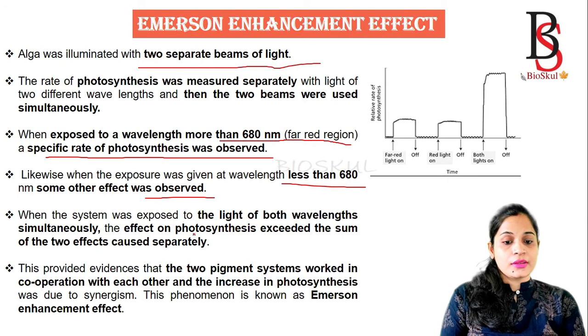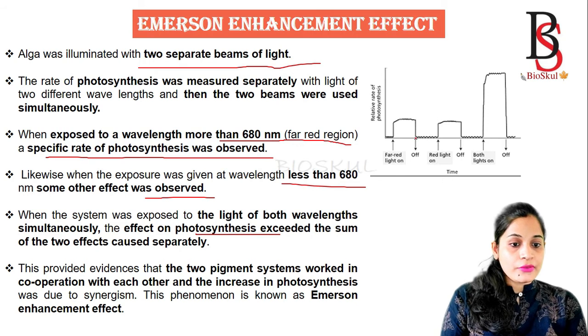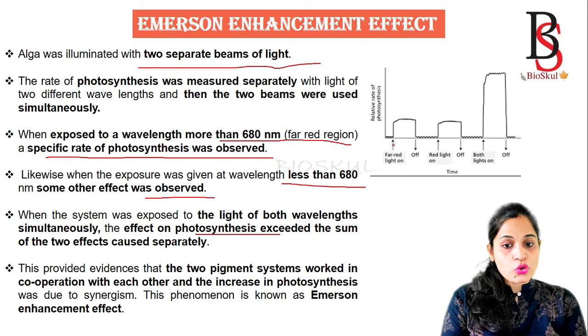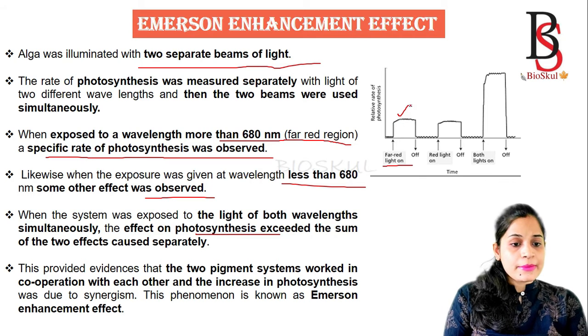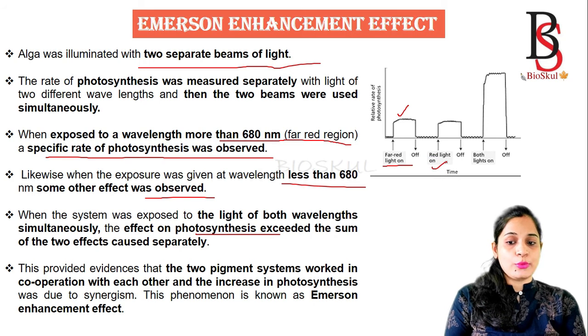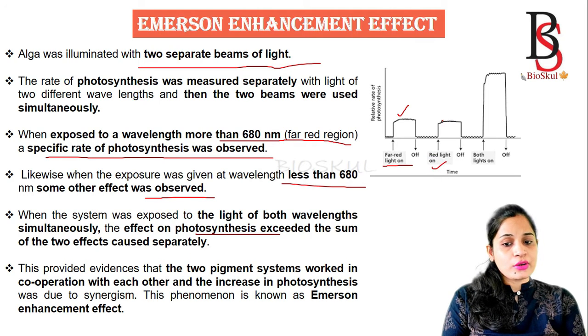So here in the graph you can see that when the algae were exposed to a wavelength greater than 680 nanometer, that is the far red light, a specific rate of photosynthesis was observed. Similarly, when exposed to the red light below 680 nanometer, a different effect was observed.